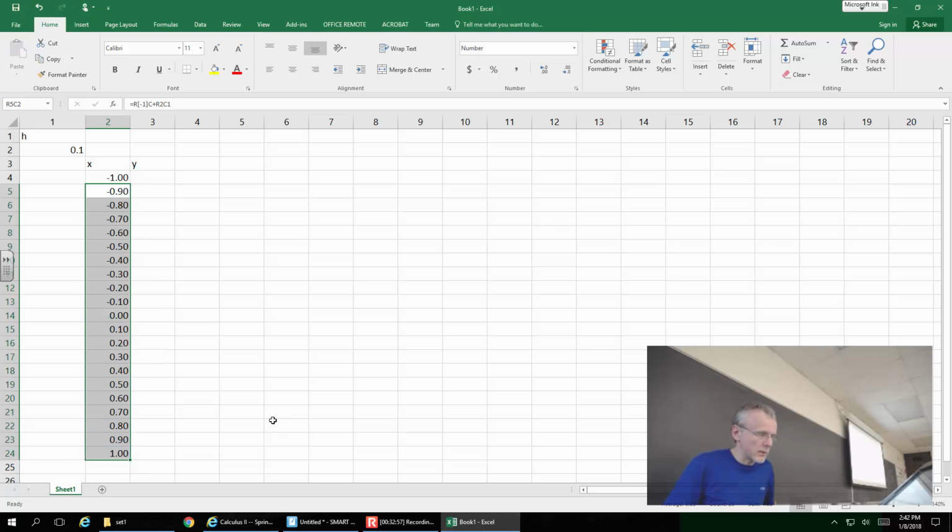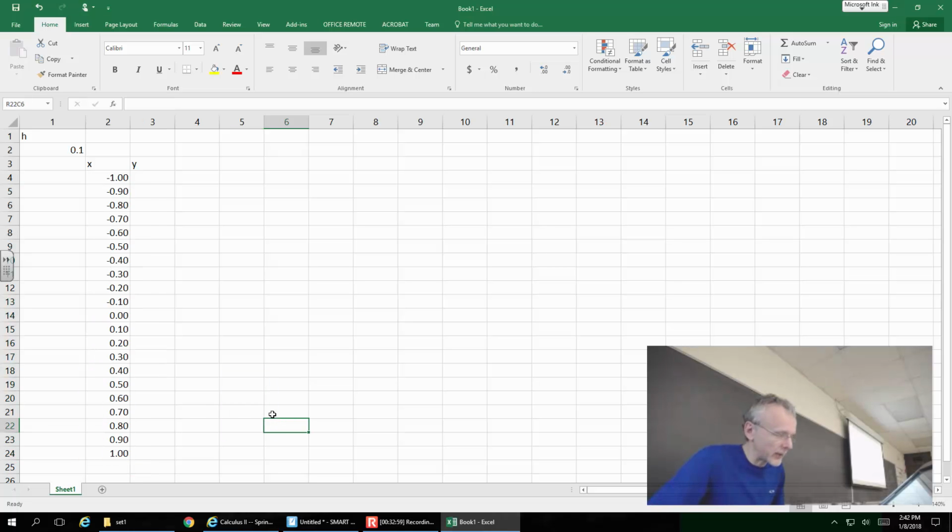Finally. Okay, so they exactly run from negative 1 to 1. So these are the x values.